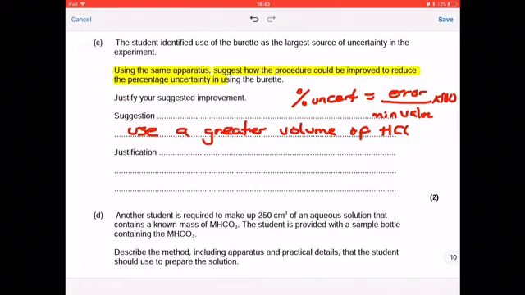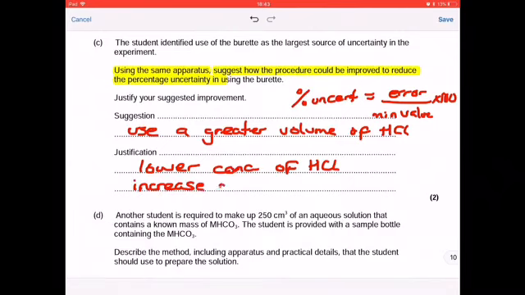Your justification for doing that is, effectively, the way of doing that is to either lower the concentration of HCl. That will mean you'll have to use more of it in order to neutralize the MHCO3, or alternatively you want to increase the concentration of MHCO3, which would require more of the same concentration hydrochloric acid in order to neutralize it.